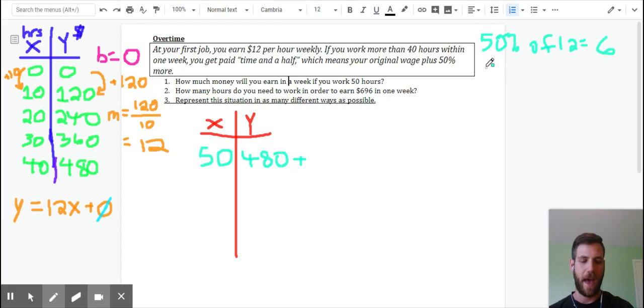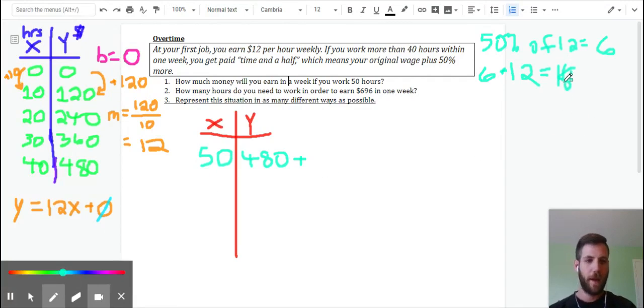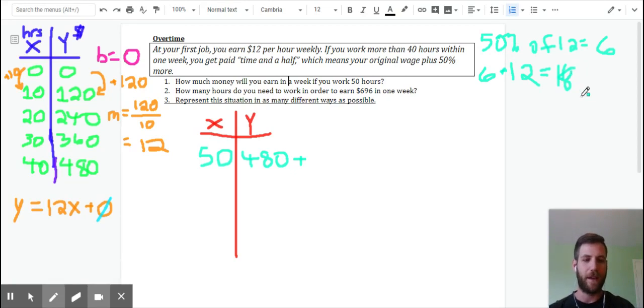And I can then add 6 plus 12, which would be the same thing as 50% plus 100%, giving me 18 total. Now that I know that 18 is there, that 18 is going to be my hourly wage for just the overtime hours.